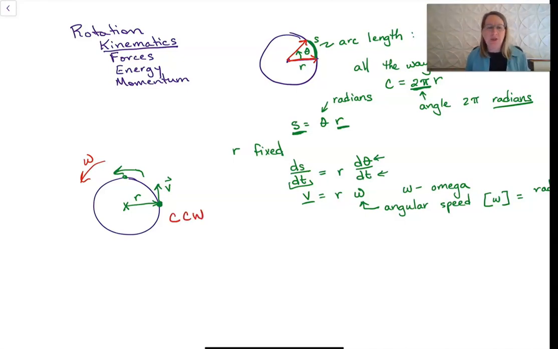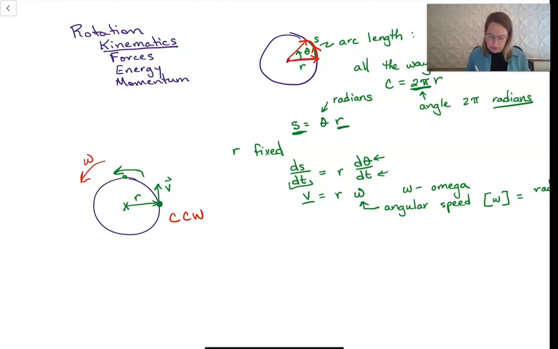Or we could call it positive and negative. And your book uses this convention: going from this point here to here on the original top drawing, that's the positive angle, because that's the normal way we measure our angle, so that would be a positive direction. So going down the other way would be negative.